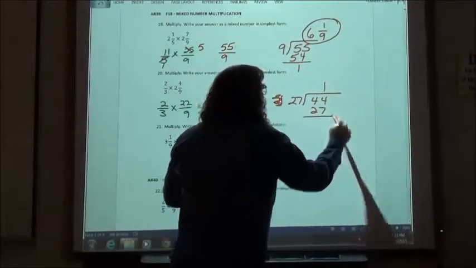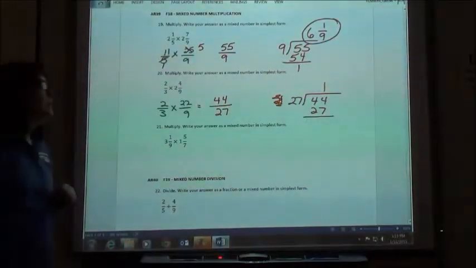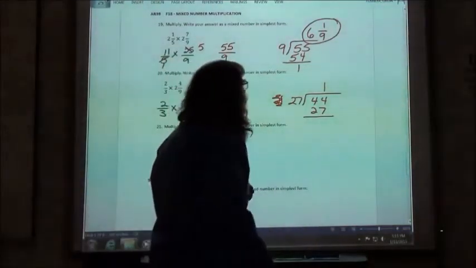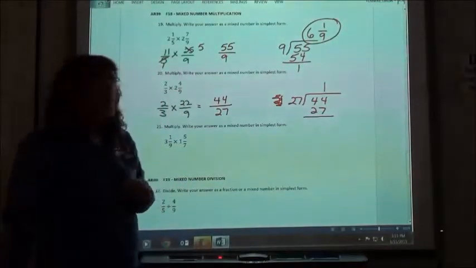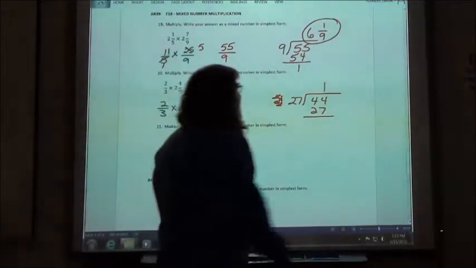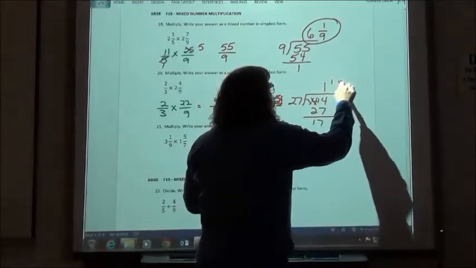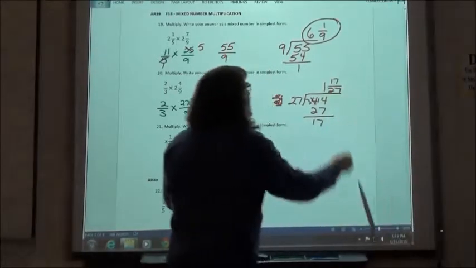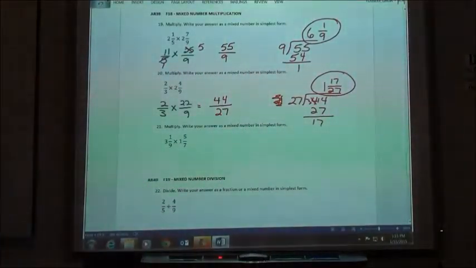And so if I take 44 and I subtract 27, I get how many left over? 17. So 17 27ths. So 1 and 17 27ths would be my answer as a mixed number.